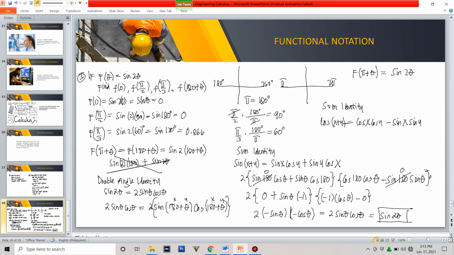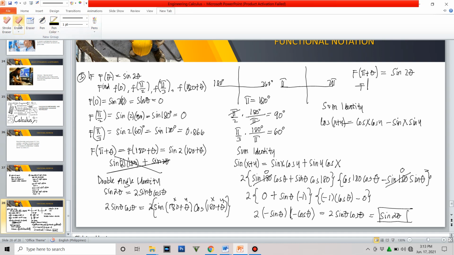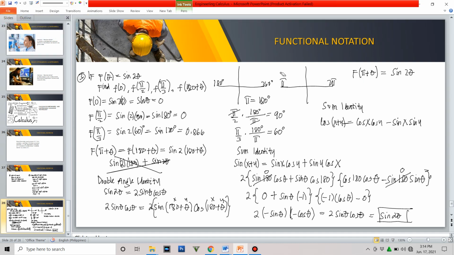Okay? So therefore, function of pi plus theta is equal to function of theta. Okay? So that's for problem number 3. So let us have another one.